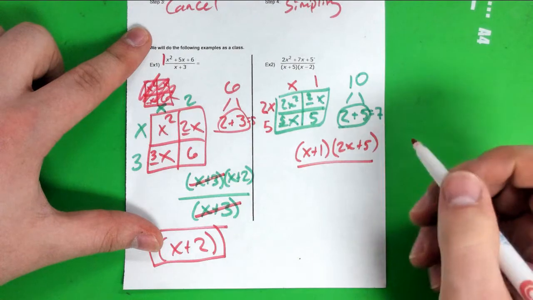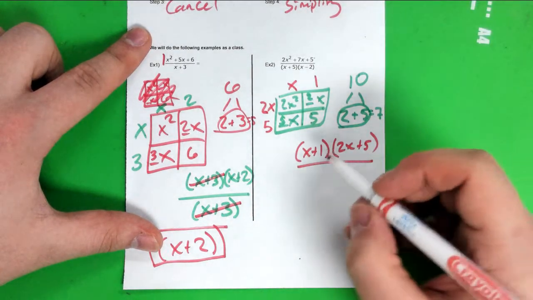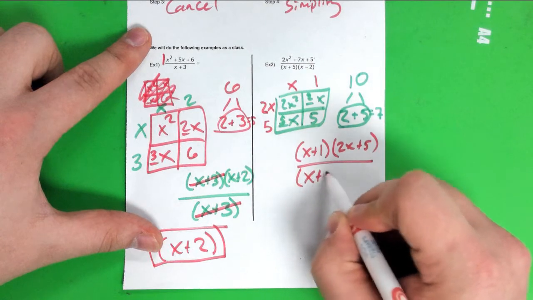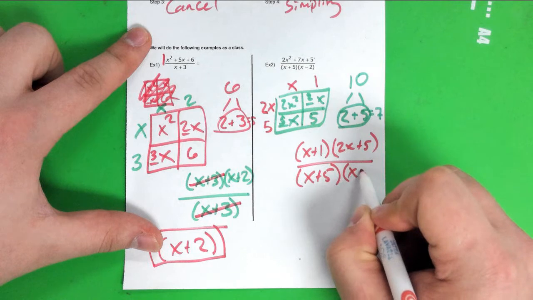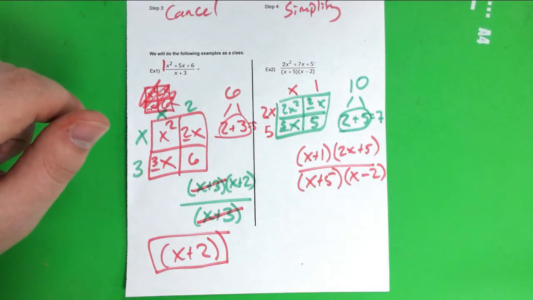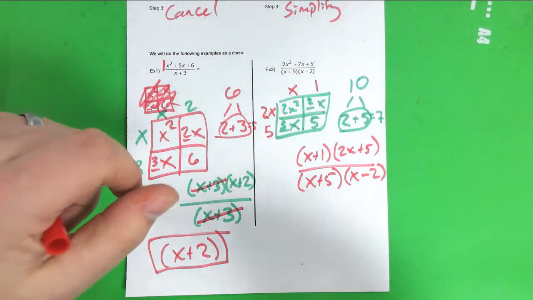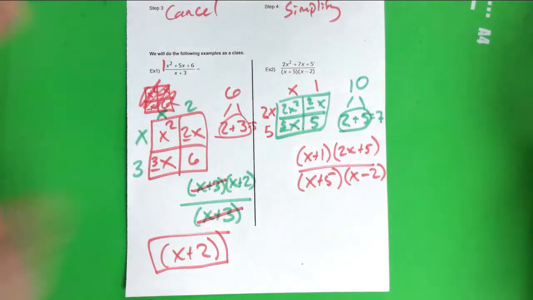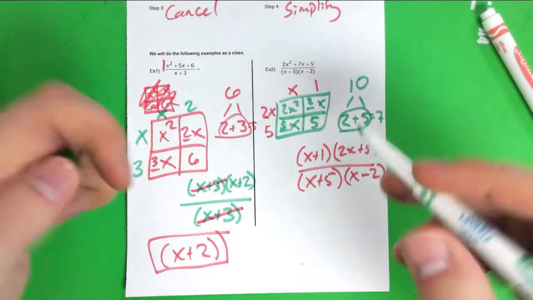On the bottom, step 2 says factor the bottom, but they're already in their factored form. I've got x plus 5 and x minus 2, so I can leave those just like that. Step 3 says cancel. In my notes it says cancel identical factors, but if I look, none of them are identical.